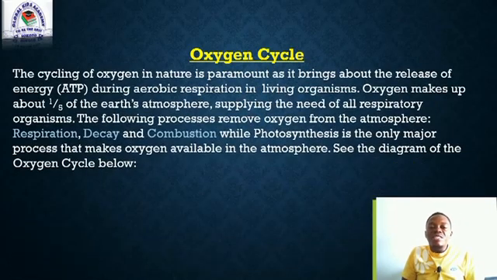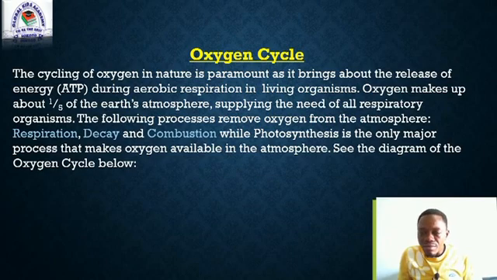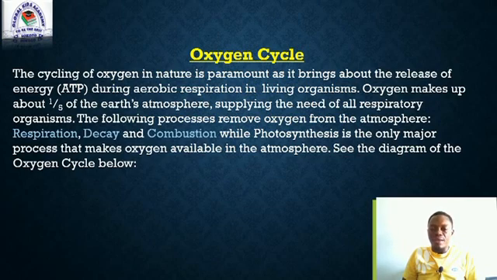The cycling of oxygen in nature is paramount as it brings about the release of energy, ATP, adenosine triphosphate, during aerobic respiration in living organisms. Oxygen makes up about one-fifth of the Earth's atmosphere, supplying the need of all respiratory organisms. Every organism that is alive today is by virtue of the oxygen that it accepts.